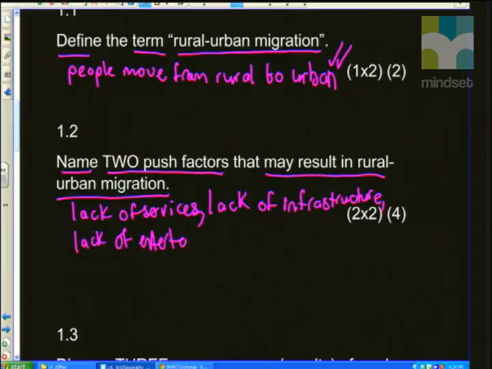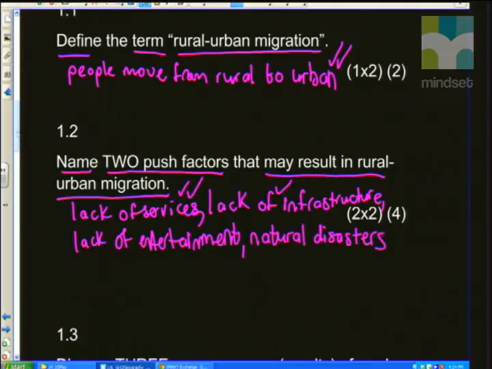We could also include in that answer natural disasters like a drought or a flood, population pressure on the available resources. And there's more than enough for our 4 marks there. Let's have a look at the next question.